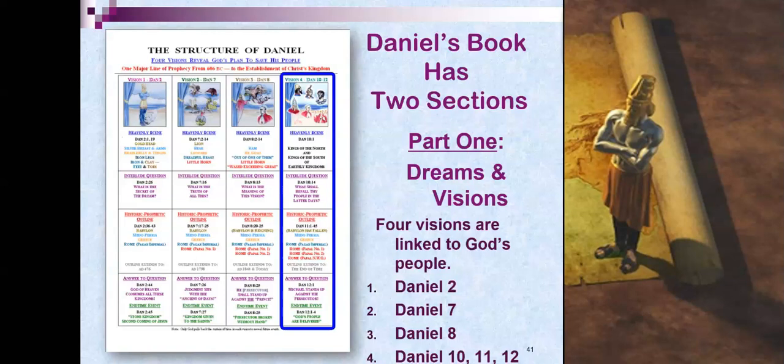Yes, so basically, Daniel chapter 4, which is a vision, has nothing to do with Yah's people. It just has to do with King Nebuchadnezzar. That's why I'm showing that chapter 4 is a vision, but it's not on this Daniel structure chart, because it was just between King Nebuchadnezzar and Daniel.